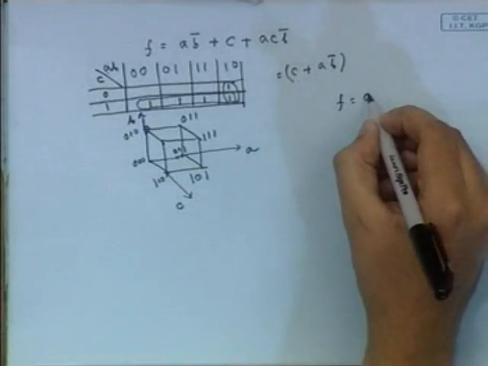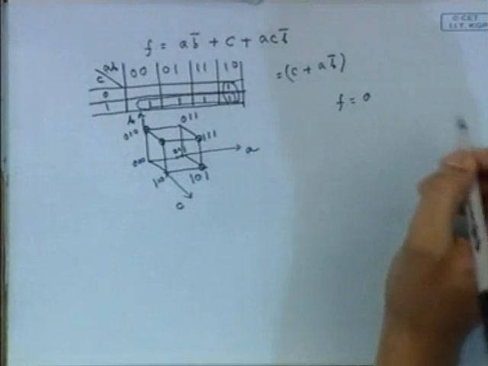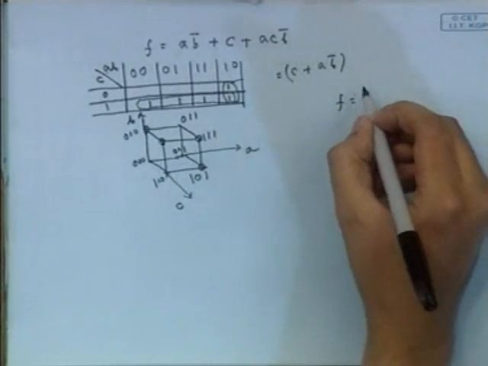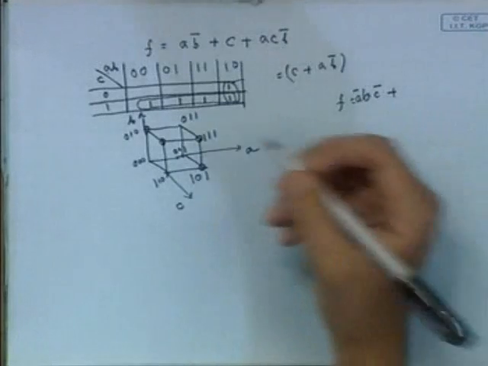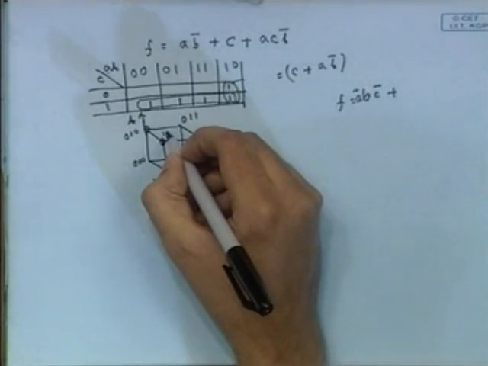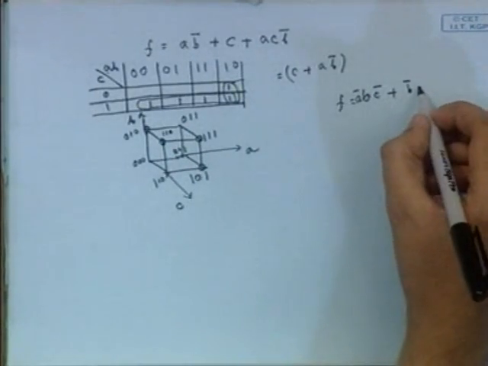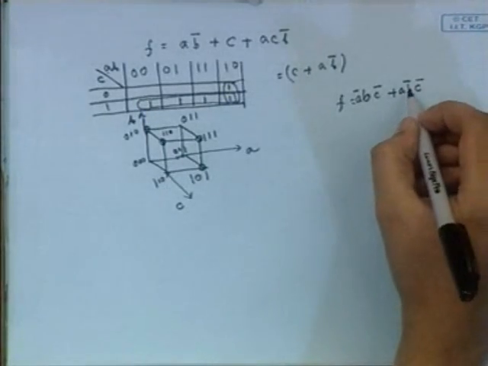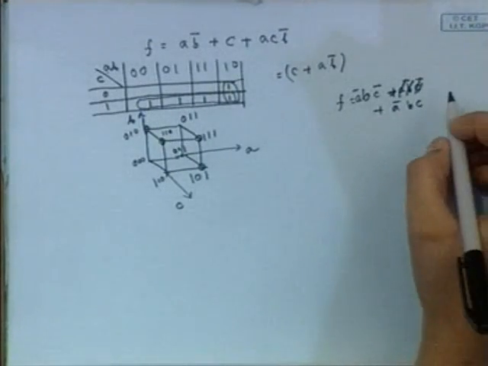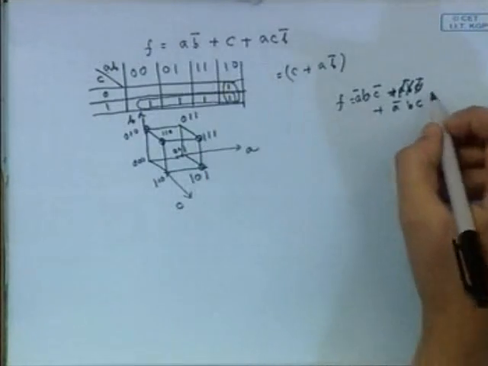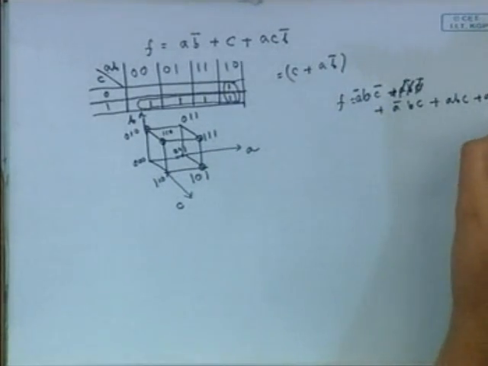Suppose f equals a bar b c bar plus this point is 1 1 0, b bar c bar a, sorry, b c plus a b c plus a b bar c.